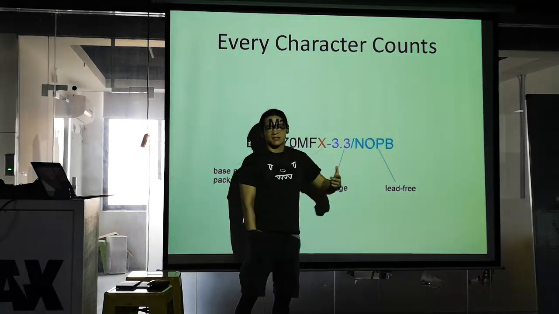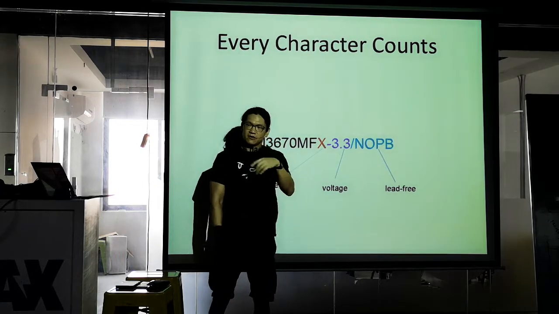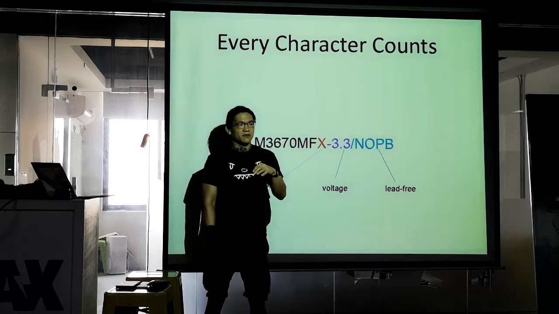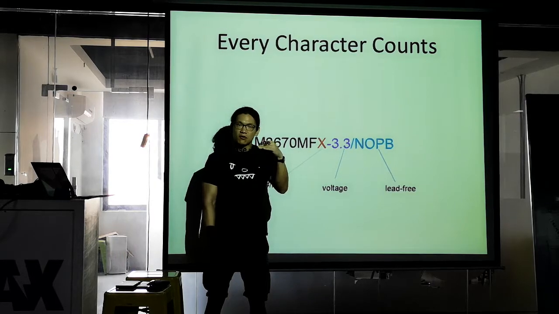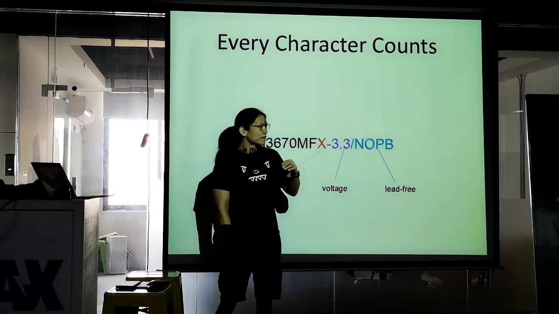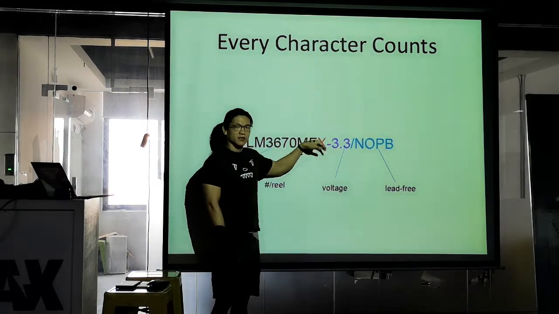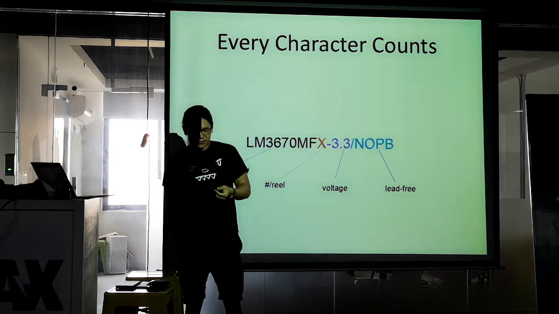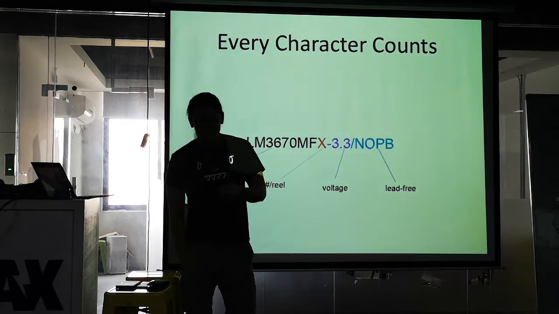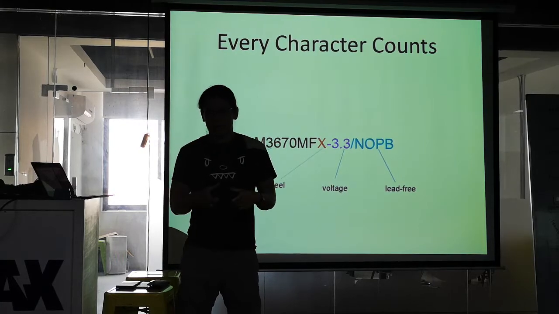So basically, when you go and you try to enter in the part number from the bill of materials, you need to go to the ordering information, see all the options, and make sure you fully specify the part number. Another issue is a lot of times the part number not only tells you what the voltage of a part is, they'll tell you how many come on the reel.